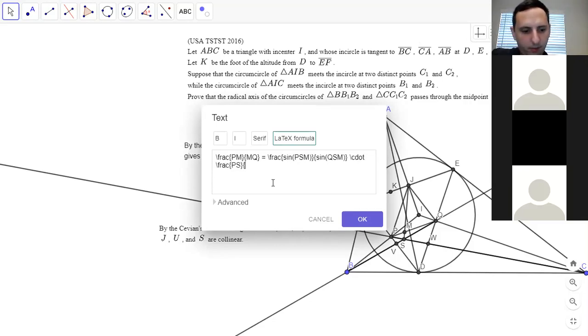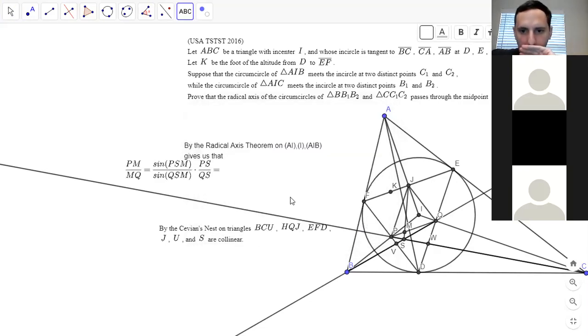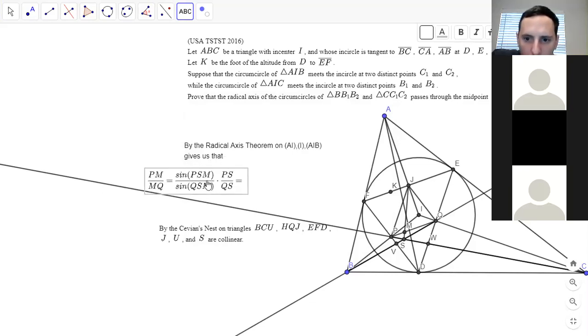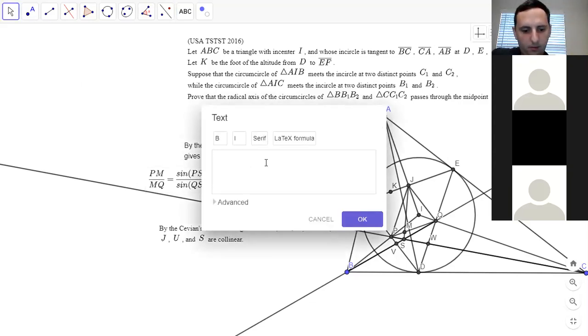Yes. We will calculate sine PSM over sine QSM. So let's say PJ over sine PSJ is equal to JS over sine JPS.